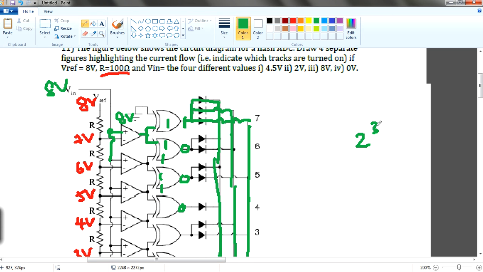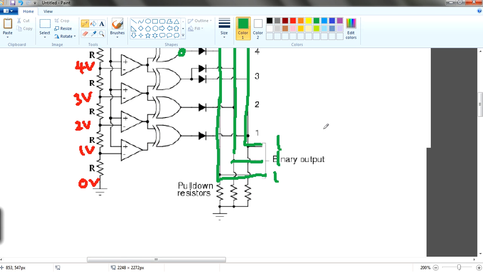2 to the power of 3. In this case there are only 3 digits, meaning 2 to the power of 2, 2 to the power of 1, and 2 to the power of 0. Because if you add up, 2 to the power of 2 is 4, 2 to the power of 1 is 2, and 2 to the power of 0 is 1.